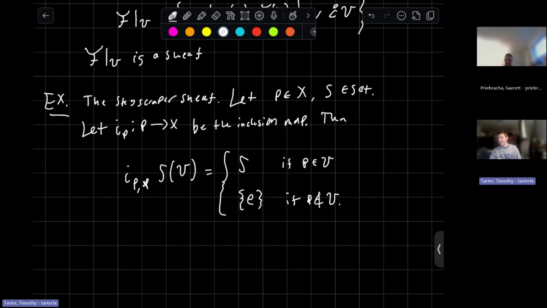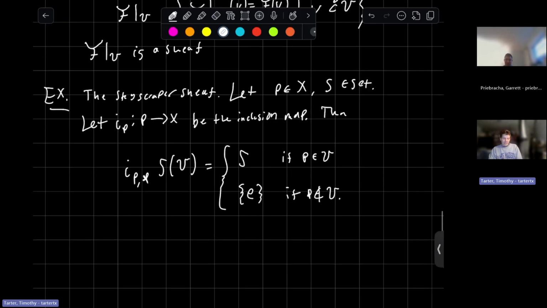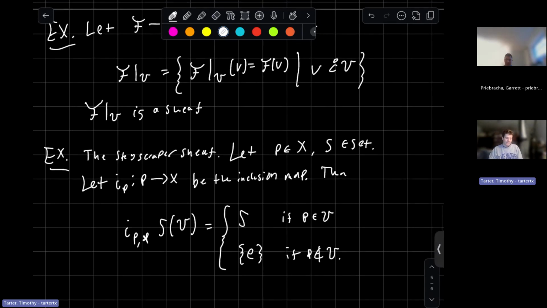The skyscraper sheaf is supported at P. This notation is admittedly hideous, and the alternative is equally bad. So it's basically the idea that it's supported at P. It's all at P if it's in the open subset, or it all falls down when we're not at P.